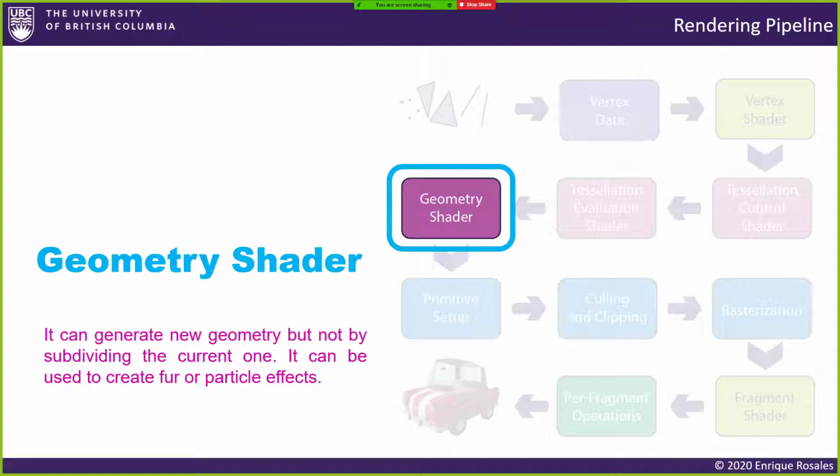Let's imagine that I want to color the vertices depending on how many neighbors they have. The number of edges connected to a vertex is called valence. So the valence of a vertex is the number of neighbors this vertex has.